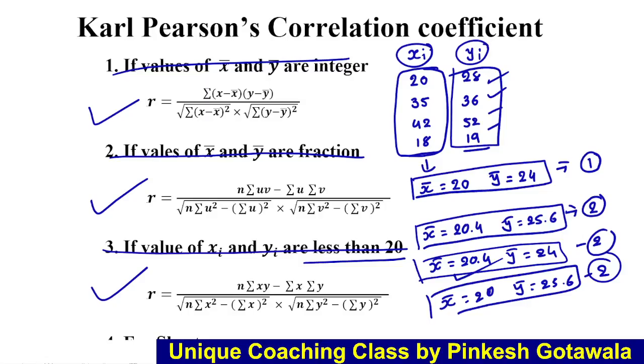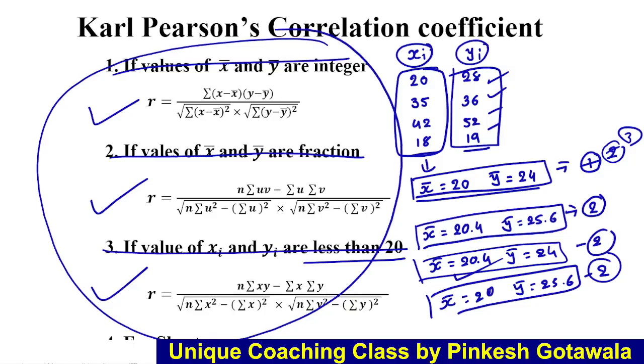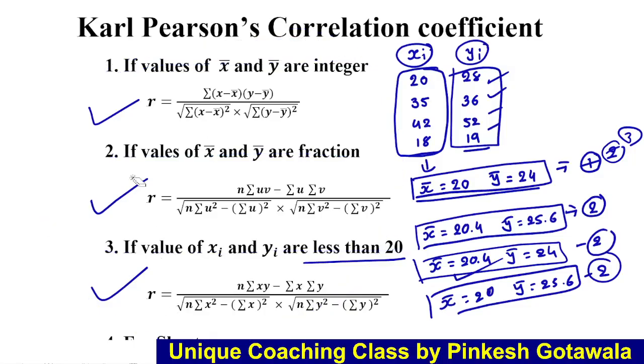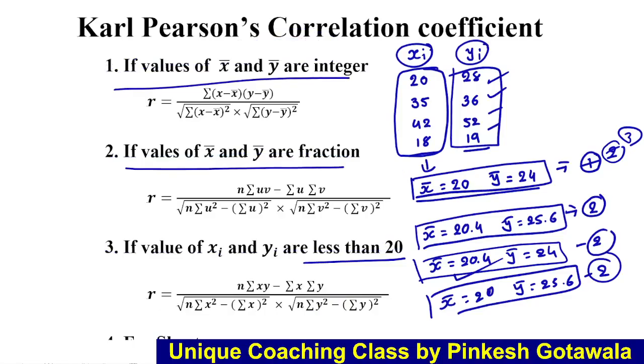Like if x bar and y bar are integers and I told you to apply the first formula, but by chance you apply the second or third formula, you will get the same answer. By applying any of these formulas in any sum you will get the same answer, but I suggest following these rules as I told you.